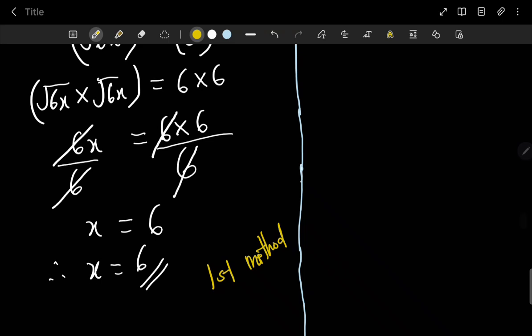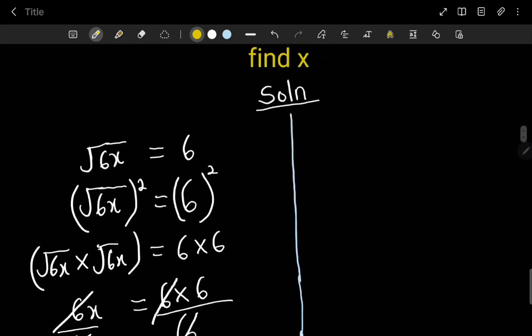Now let's go to the second method, right? With our second method, let's write the equation down again. So square root of 6x is equal to 6, and we are finding what? X. Okay, so with this, what we'll do is that we'll try to break the numbers down to make them easy for us.